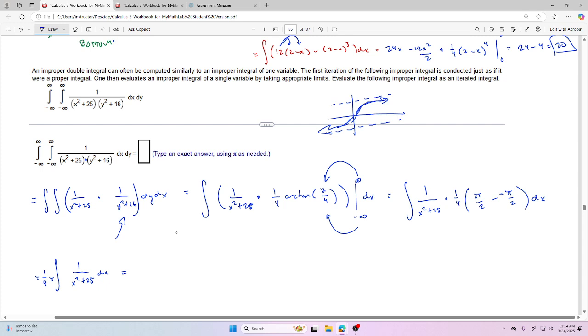Hey guys, what's the integral of this x thingy? Just say the name of it. It's arctan again. This time 1/5 arctan of x over 5. Again, from negative infinity to infinity. When I plug in infinity, we get pi over 2 again. Yeah, you got it. Again, 2 halves make a whole.